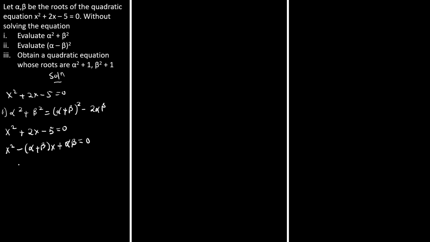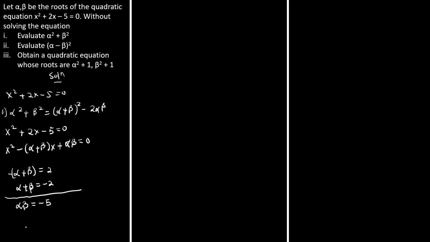So when we compare them, this is equal to this, and this is equal to this. So negative alpha plus beta is equal to 2, alpha plus beta is equal to negative 2. And then alpha beta is equal to negative 5, okay?